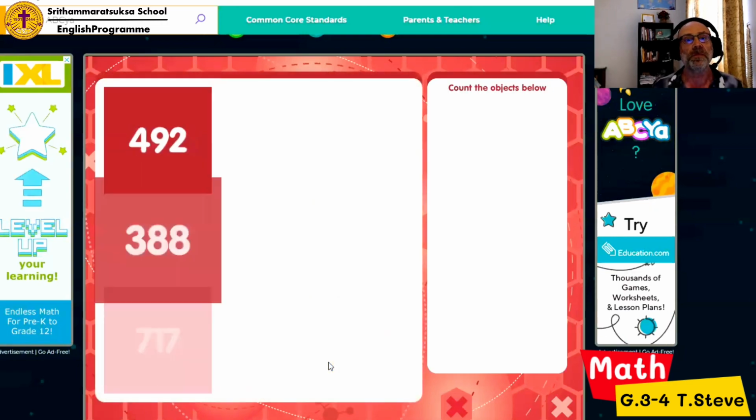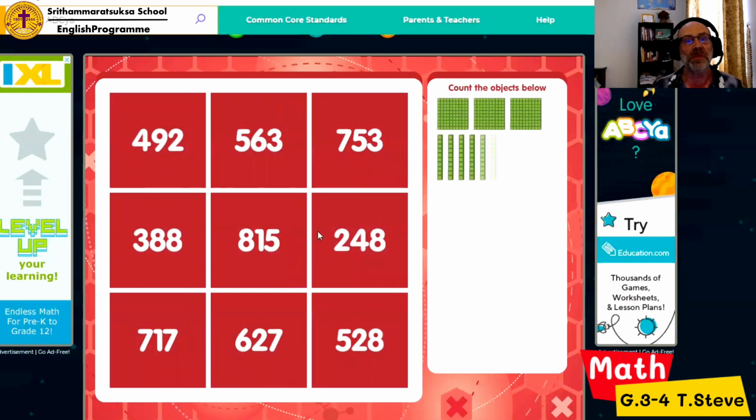That's good. So I've got this 3 by 3 bingo grid, and I have to count my objects to find the number. So how many hundreds do I have? 100, 200, 300.